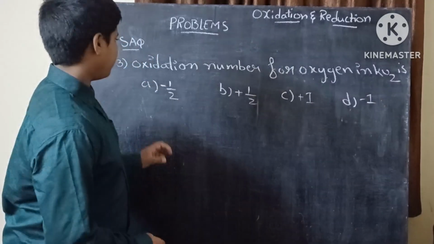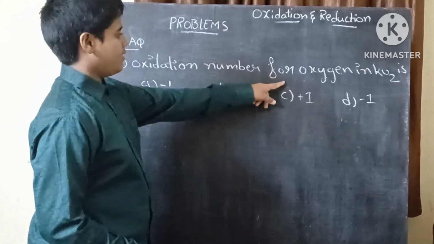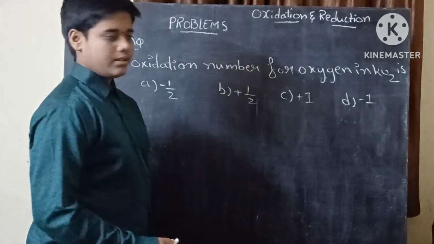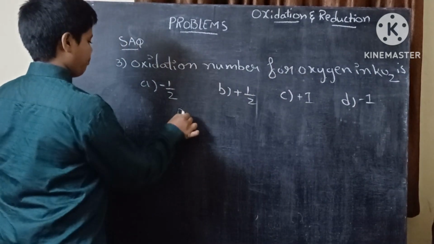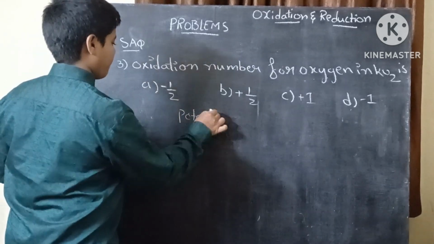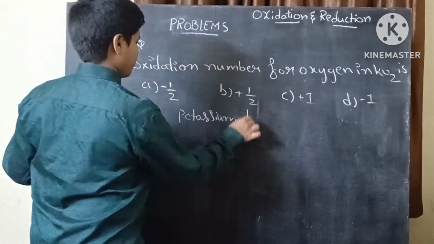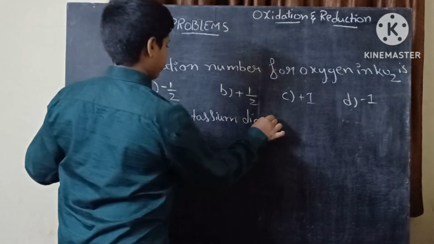And the third question: oxidation number of oxygen in KO2. KO2 means potassium dioxide.